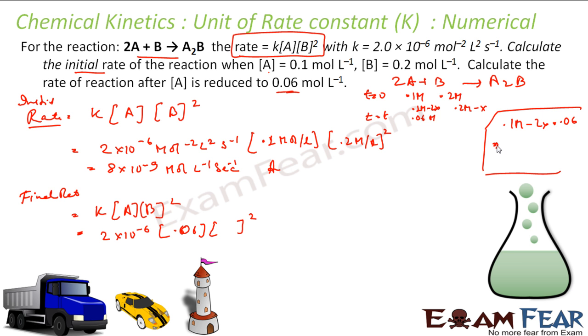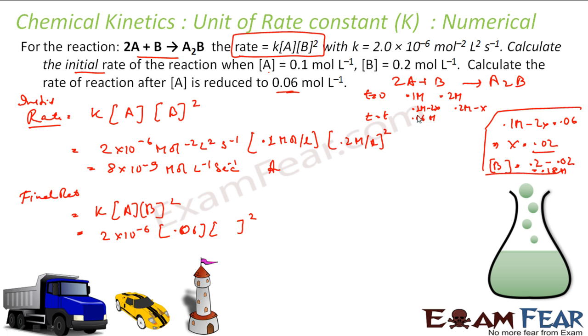So if we solve for the value of x, x will be nothing but 0.02. If x is 0.02, the concentration of B is what? 0.2 minus x, that is 0.02. And that is nothing but 0.18 M. That is the concentration of B.